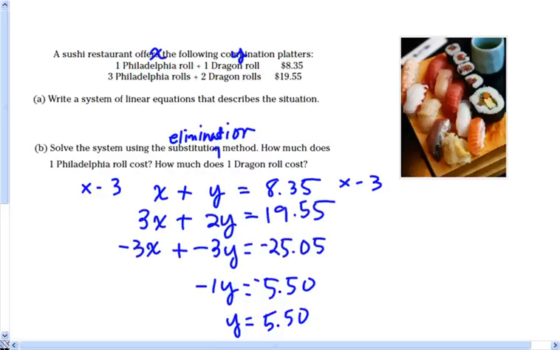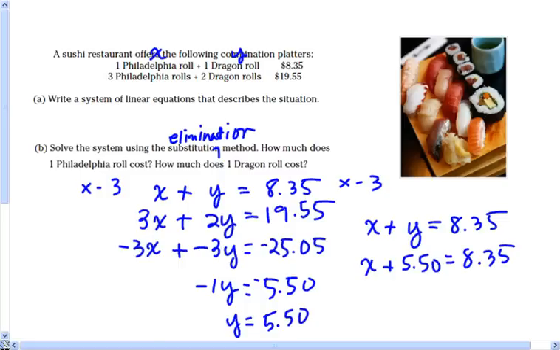Now to find the other price of the Philadelphia roll, we'll just use this equation. We know if we buy one of each, it's $8.35, and we know that it's $5.50 for one dragon roll. So all I need to do is subtract $5.50 from $8.35, and I get x is equal to $2.85.